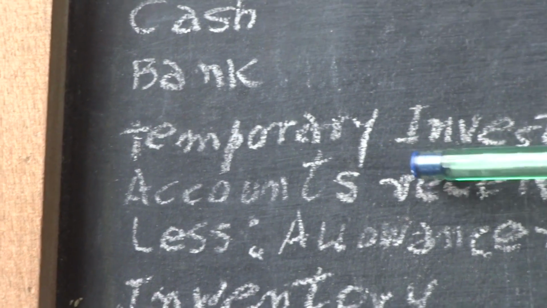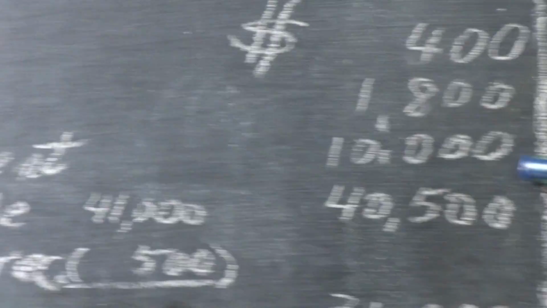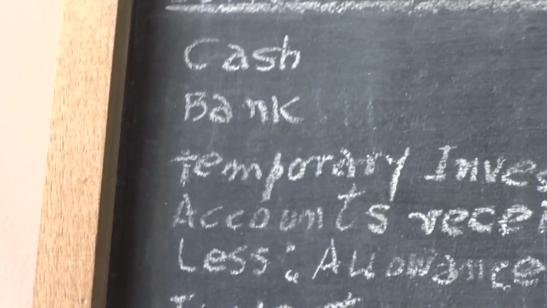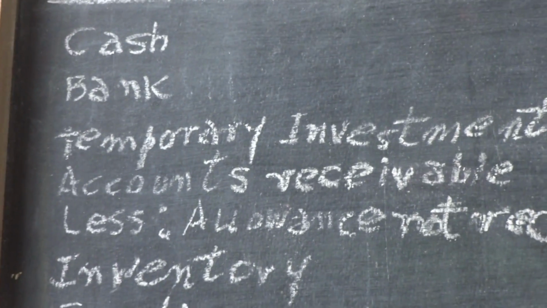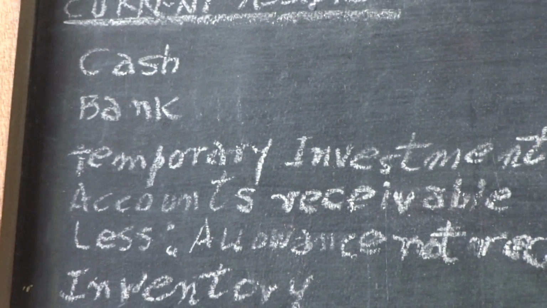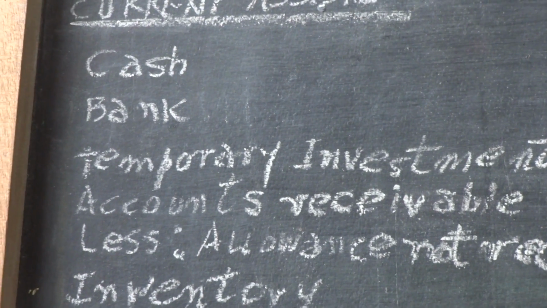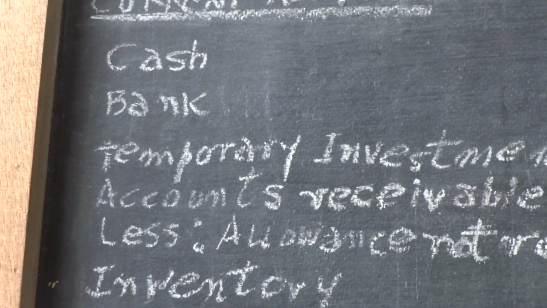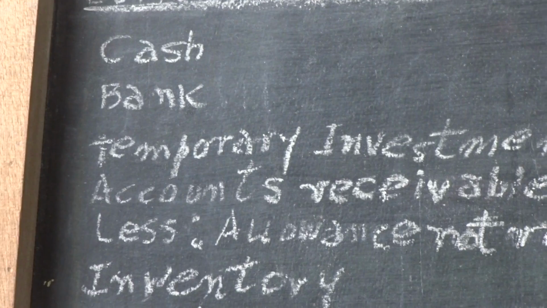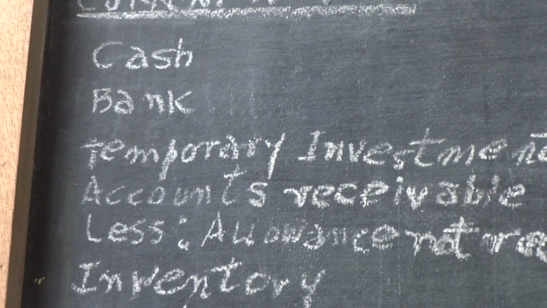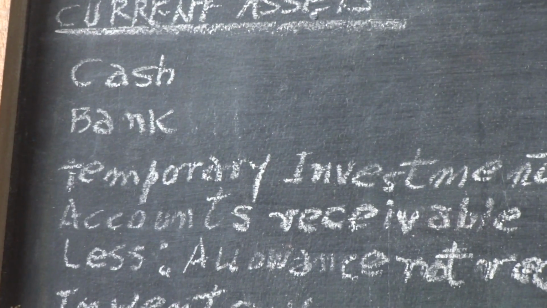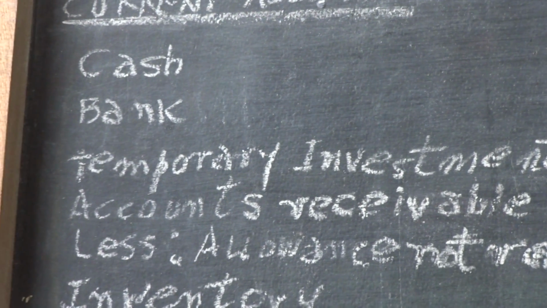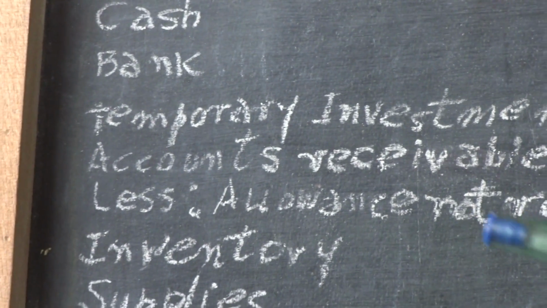Then we have the temporary investment by $10,000. These are the stocks the Bright Corporation has bought to maintain for 1 week or a few days, and then the Bright Corporation sells them to other companies in a short time.